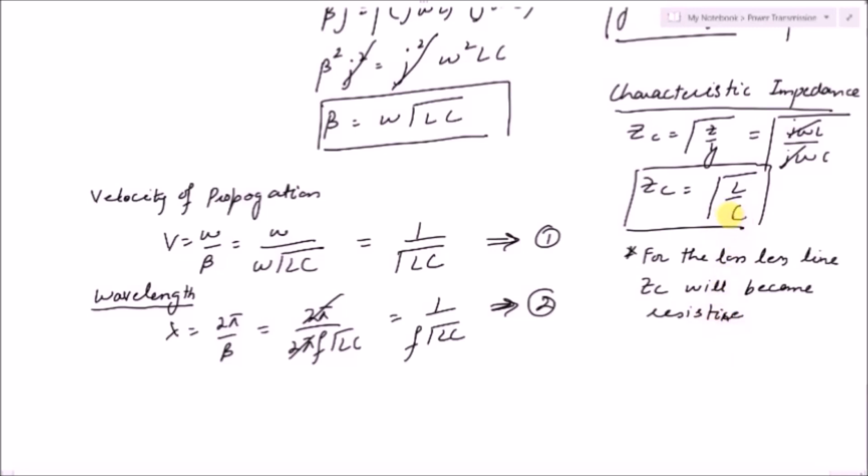This is known as surge impedance. So the value of characteristic impedance for the lossless line is known as surge impedance. You just have to convert them into SI units in base quantities.